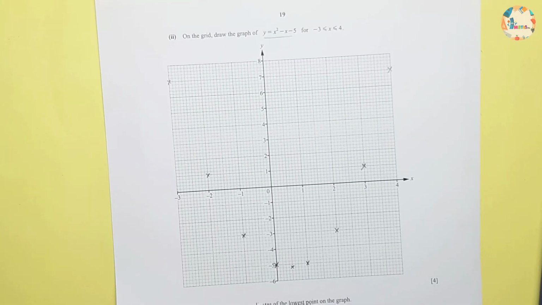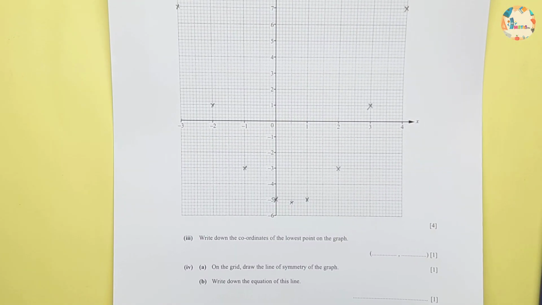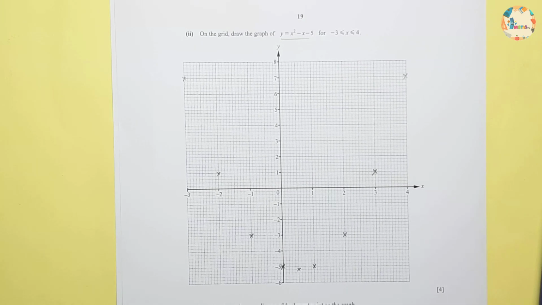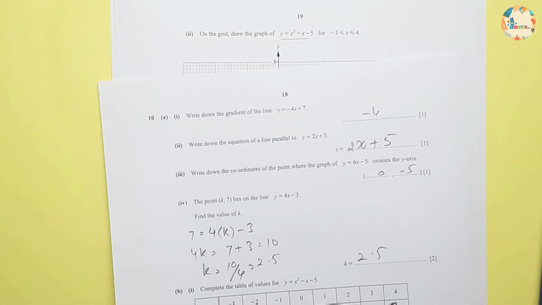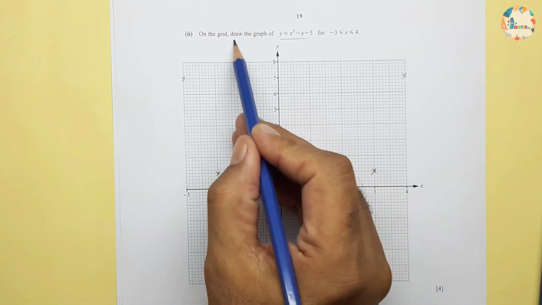And now what we have to do, they are saying write down the coordinates of the lowest point. Okay, so before that we will be doing this one. We have plotted all these points and we have to draw the curve also, because they said draw the graph.